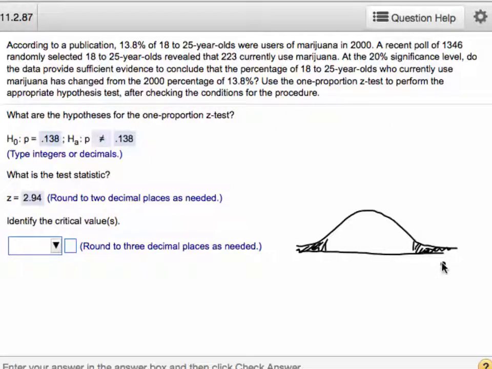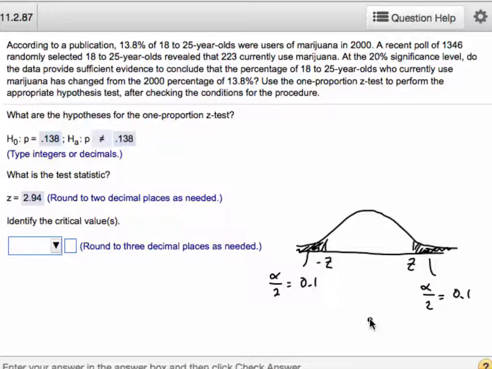Right, the 20% is the significance level. So 0.1. So you have 0.1 on the left tail, 0.1 on the right tail, and so we need z. So it's like minus z and z.